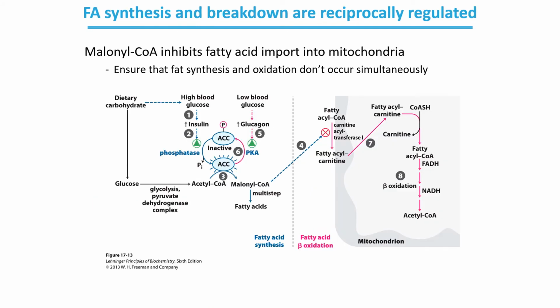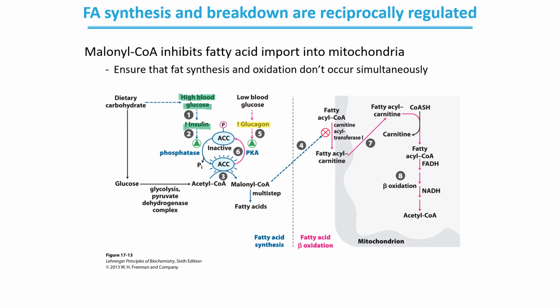So this is a slide that we discussed in the last lecture as well, which is about the regulation of these two pathways through the two hormones, that is glucagon and the second one, insulin. We already know that high blood glucose levels cause secretion of insulin.